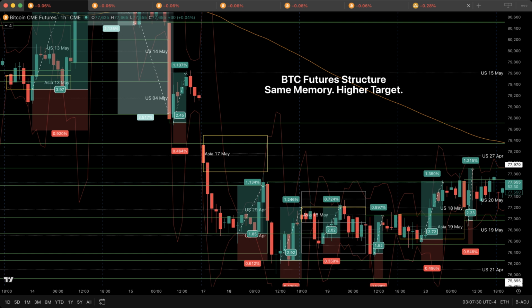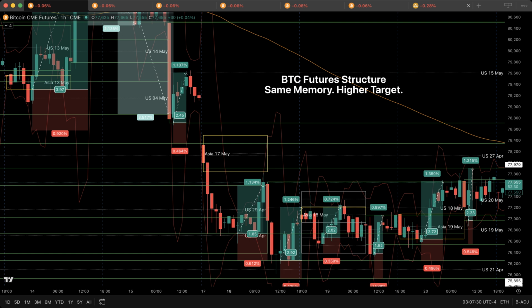Now read the session from beginning to end. May 20th U.S. forms almost directly on top of May 18th U.S. memory. Price rotates within the current box. The lower side holds. That makes the lower boundary the usable long entry. The stop sits under the May 19th U.S. lower boundary because losing both support layers would break the long idea.